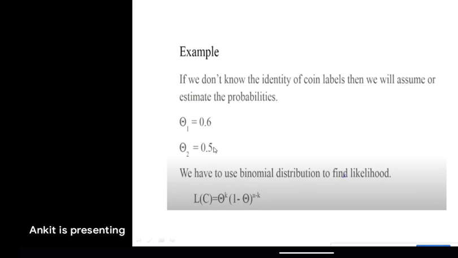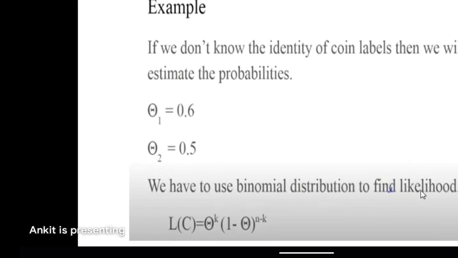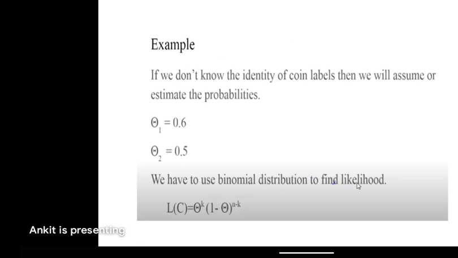Then we have to use the binomial distribution to find the likelihood. So what is likelihood here? Likelihood is the nearby solution, meaning the readings that have the same value.